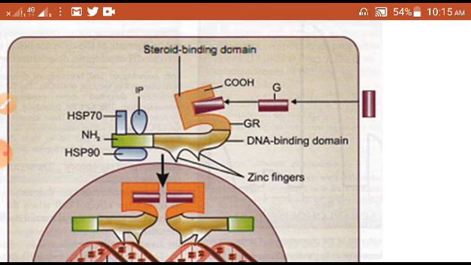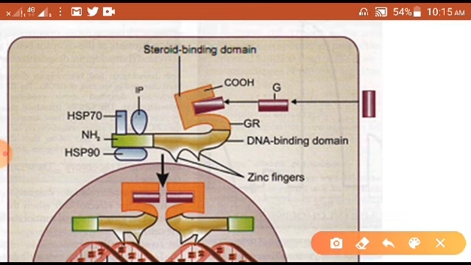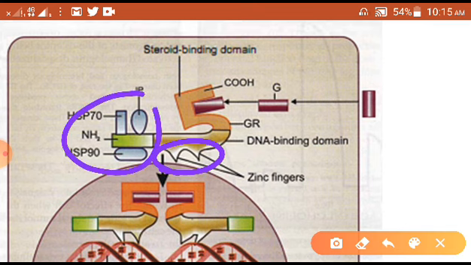The second part is the DNA binding domain, which will bind with the DNA. That's why this part has been given these two hook kind of structures. We call them zinc fingers. Through this, it is going to attach to the DNA, that's why it's called the DNA binding domain. And the third part is a kind of regulator, which regulates the activation of this receptor.